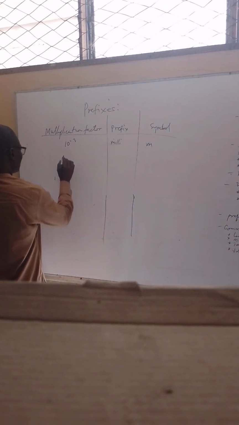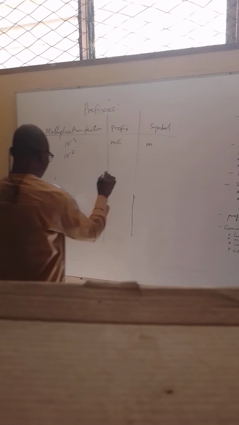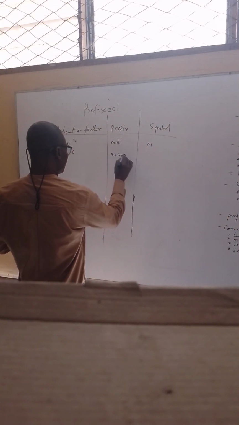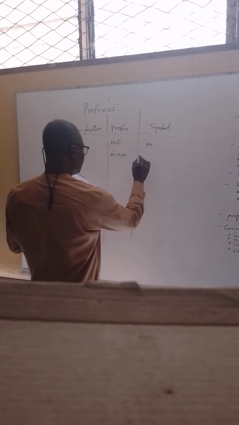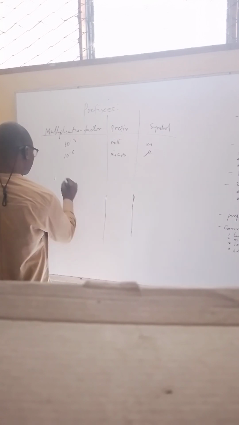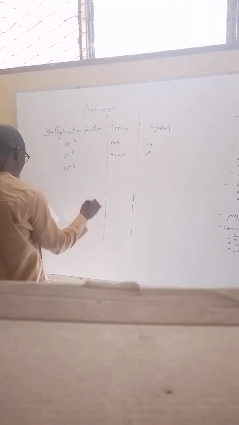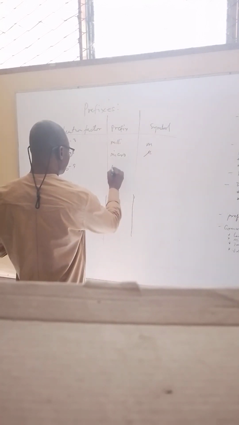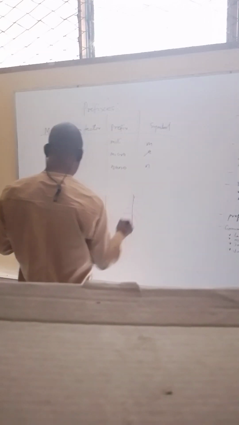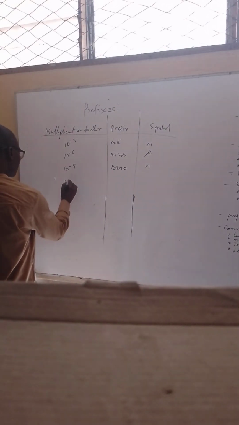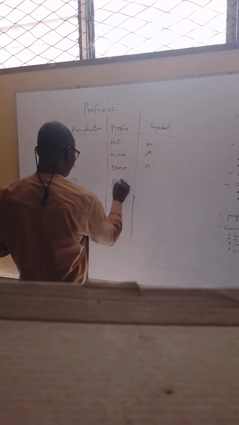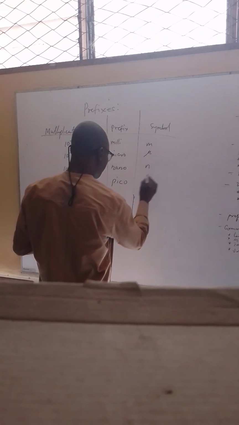Also we have 10 to power minus 6, which is micro, and then 10 to power minus 9 is nano, and we use small n, and then 10 to power minus 12 is pico, and we use p.